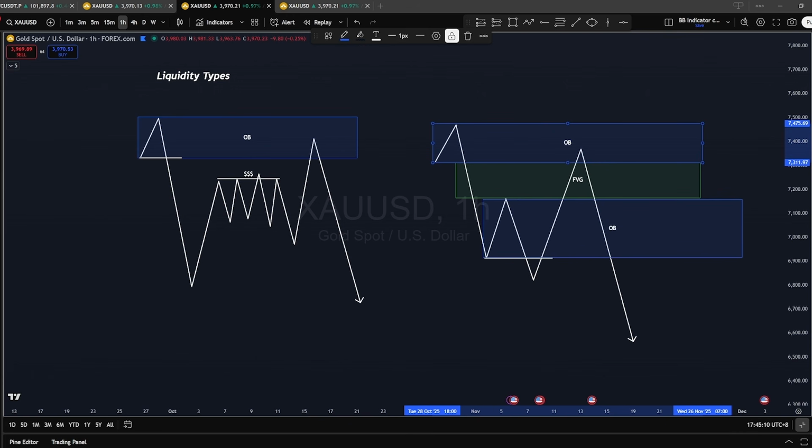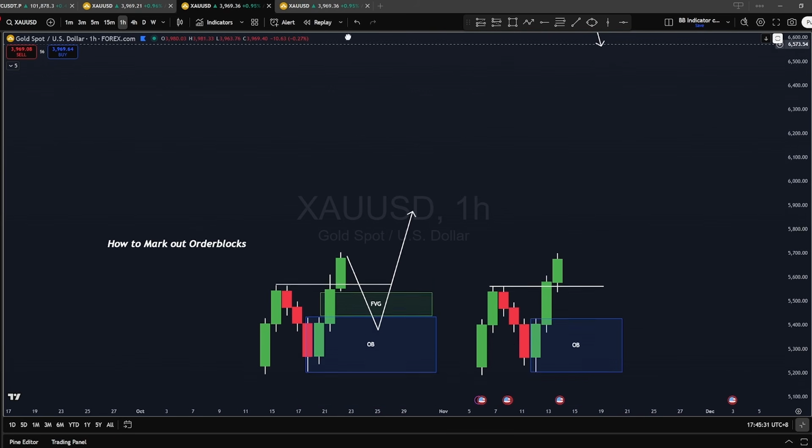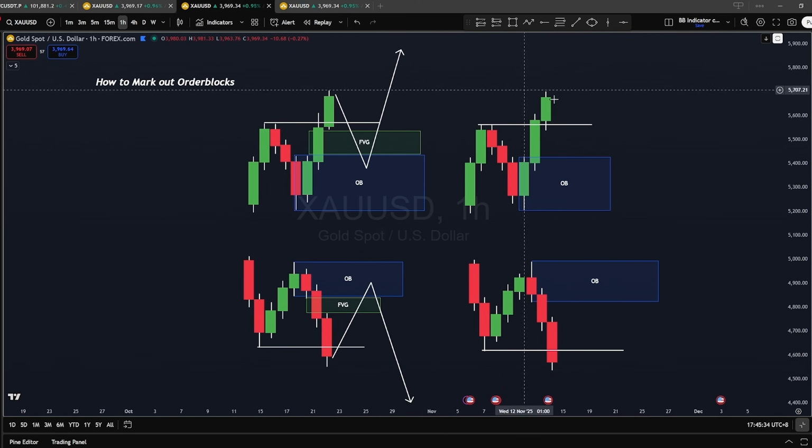Okay, so let me summarize once again. What are the rules for valid order blocks? There are 3. Number 1, BOS, you need to see price break structure, either towards the upside or towards the downside. Either one, right? It has to break structure. Number 2, fair value gaps, just like I've mentioned, from the origin of the move, must be present.